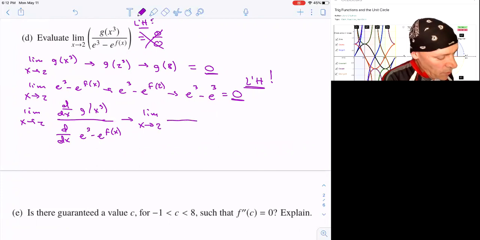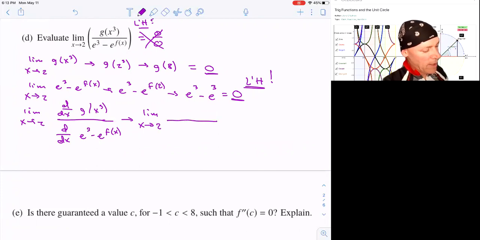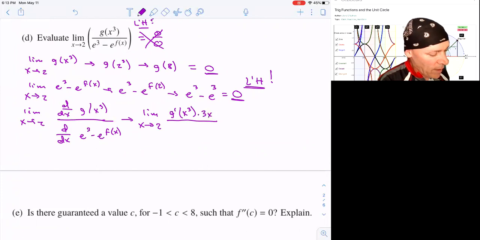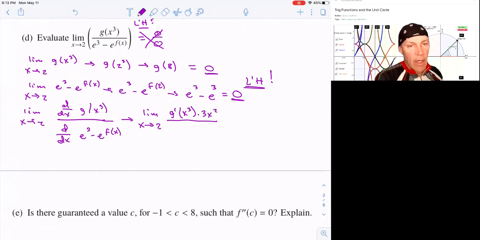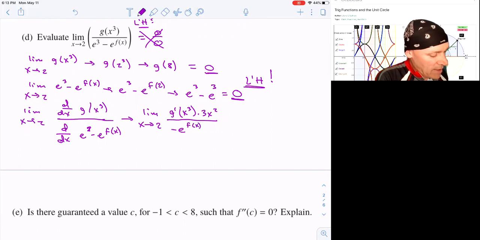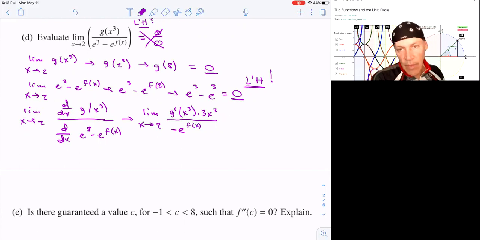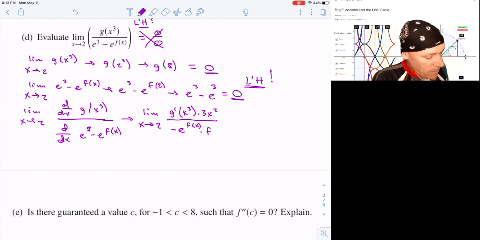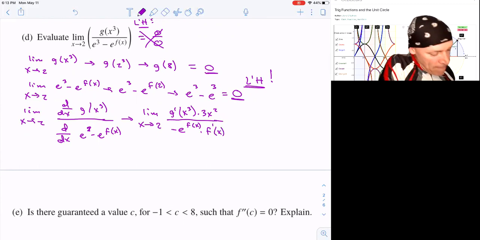My new numerator is, by chain rule, g prime at x to the third times 3x squared, the derivative of the inside function. Over, well, d dx of e to the third is a constant, so that goes away. Then d dx of negative e to the f of x is negative e to the f of x times the derivative of the inside function, f prime of x.